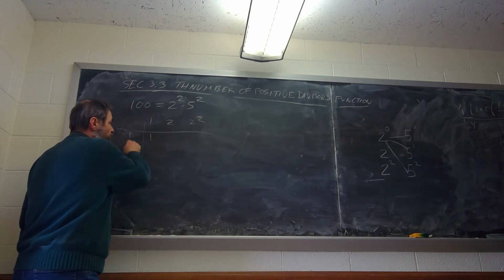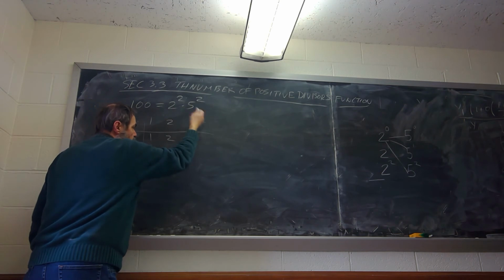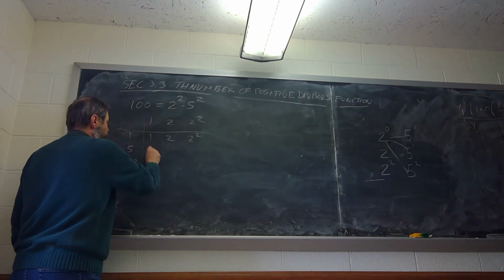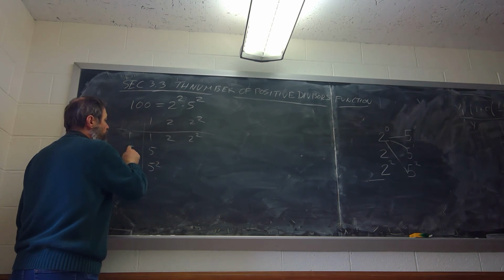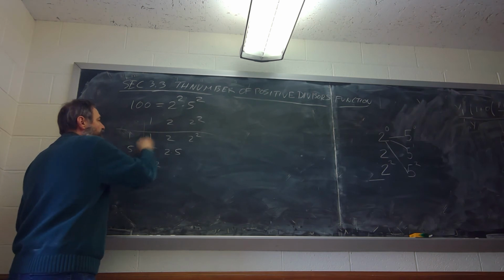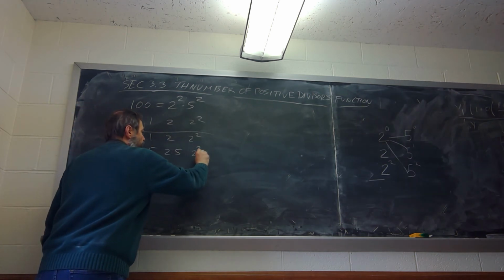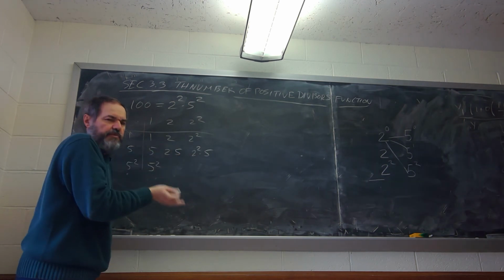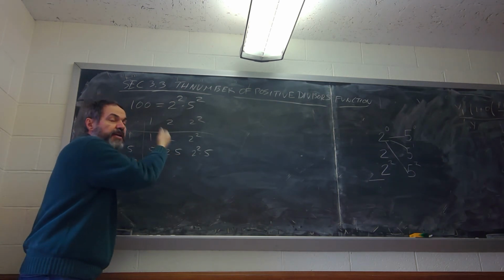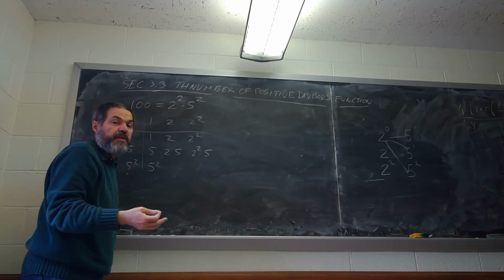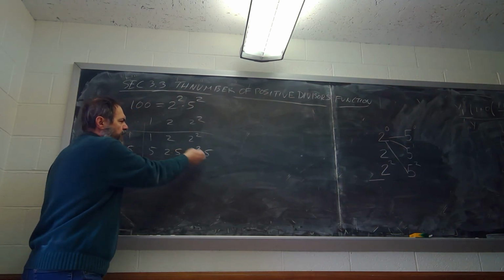1 times 1 is 1, 1 times 2 is 2, 1 times 2 squared is 2 squared. That's our 4. 5 times 1 is 5, 5 squared. 2 times 5 is 2 times 5. 5 times 2 squared, I can write this 2 squared times 5. I can multiply them and see that these are exactly the divisors we had before. Like 2 times 5 is 10. 2 times 2 is 4, as I had before. 2 squared times 5 is 4 times 5 is 20.